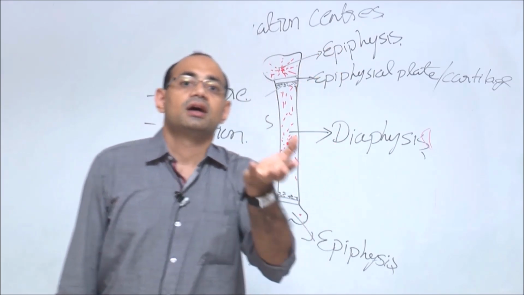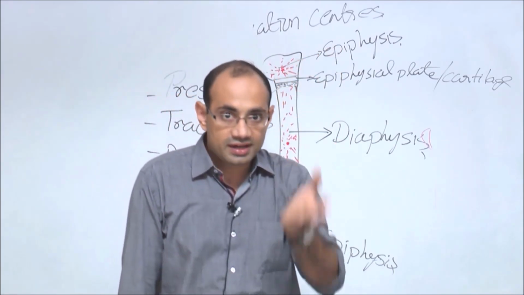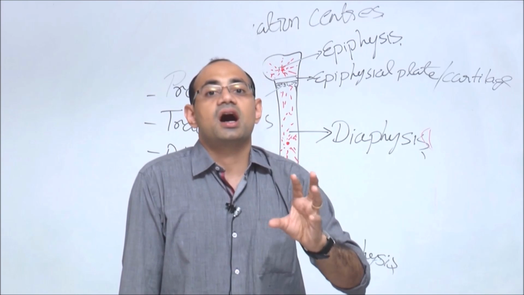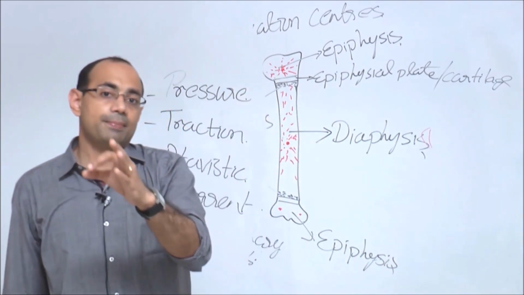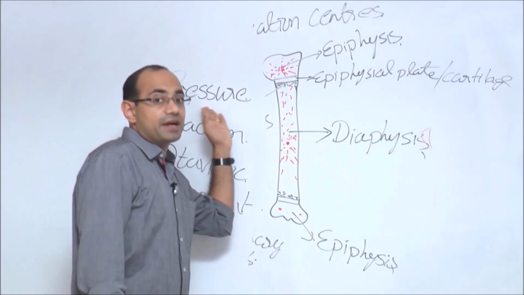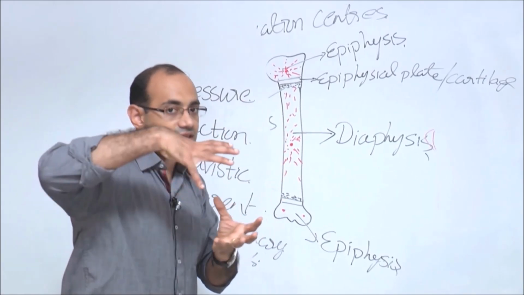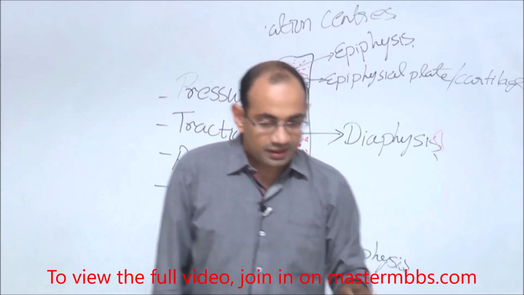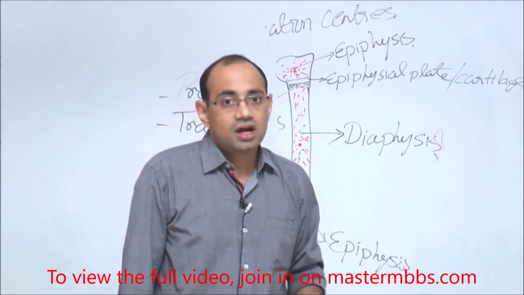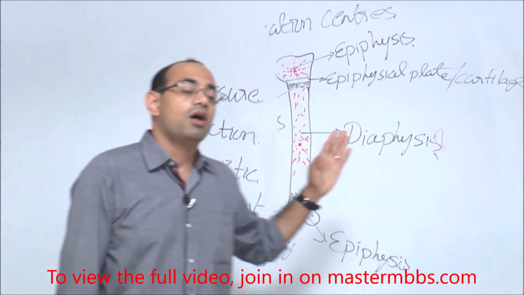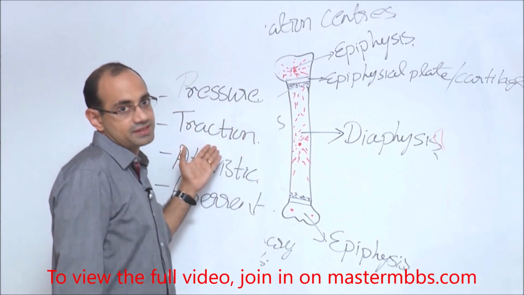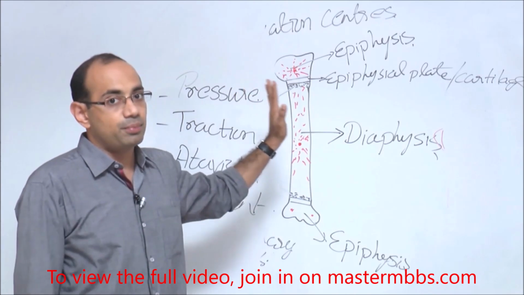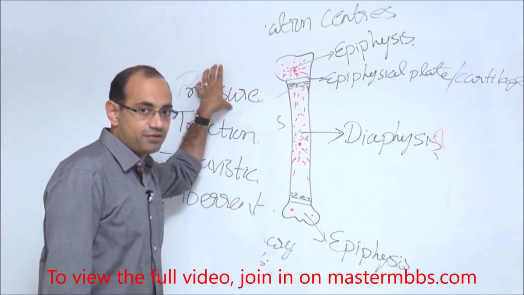These are areas where there is weight transmission, and these are always articular. These kinds of epiphyses are called pressure epiphyses. They are areas where there is pressure and weight bearing. These will always be covered by articular cartilage, and they will ossify quite early compared to the traction epiphyses. So at least this many points you have to know about pressure epiphyses.